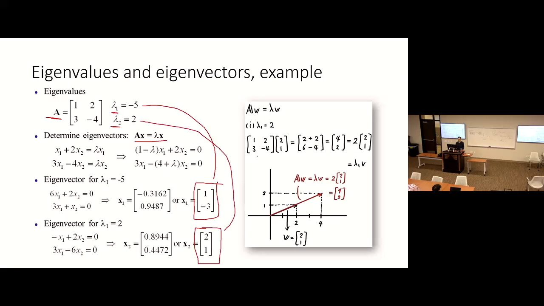If we apply this transformation A to the second eigenvector, we do this multiplication of the matrix by a vector, and at the end you get this point.